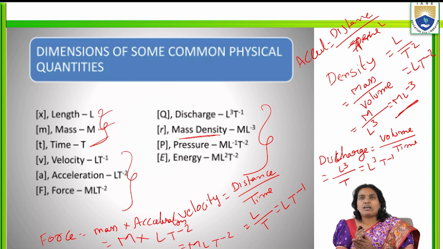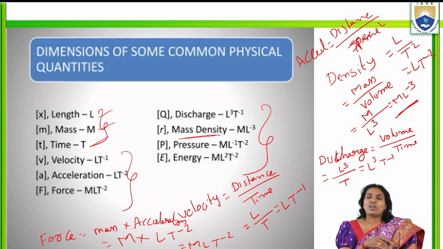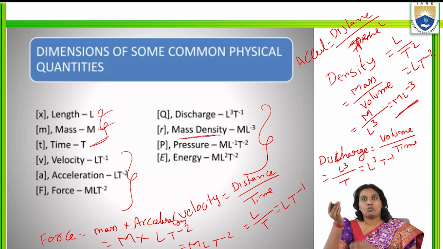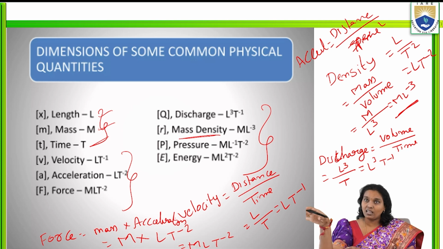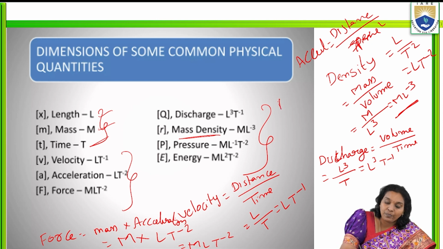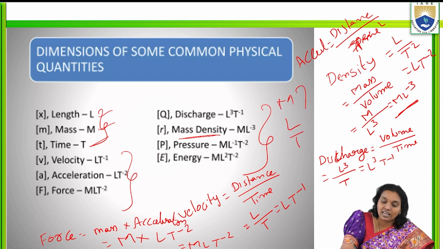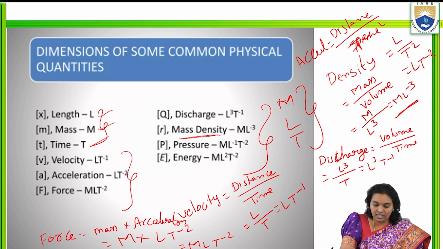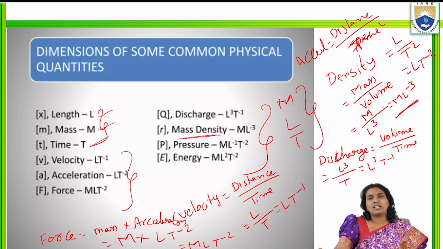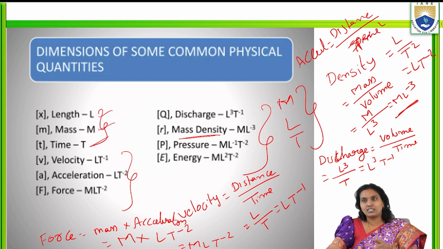So based on the fundamental quantities, we are deriving the derived or secondary quantities. M, L, T, these three are the fundamental or primary quantities, and the remaining quantities which are based on these three are all secondary or derived quantities.